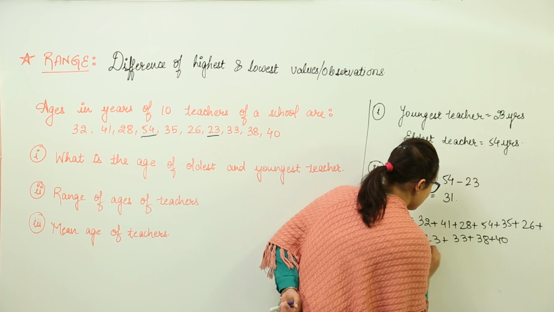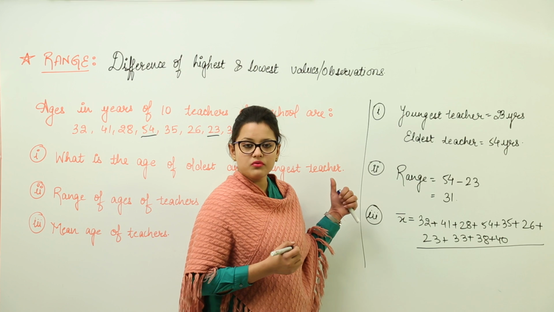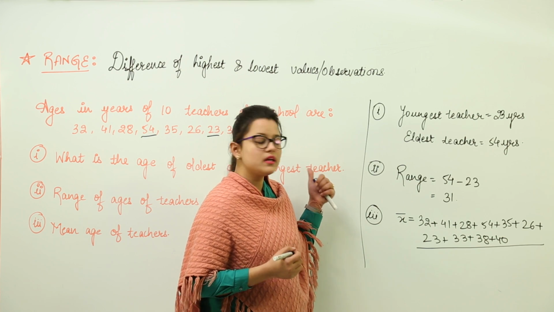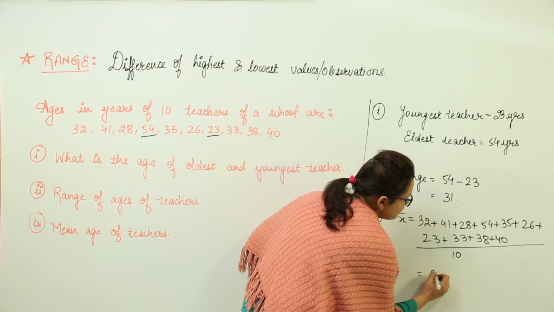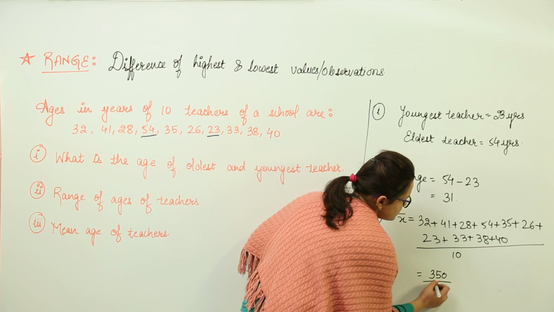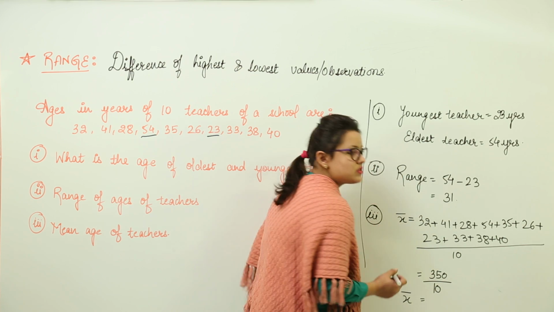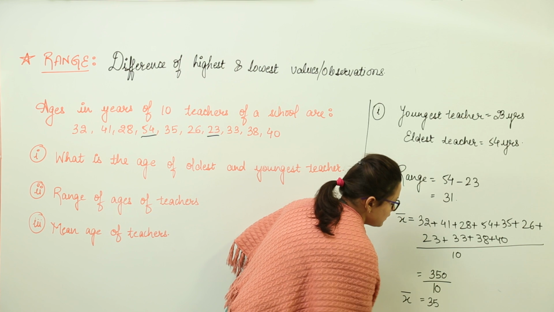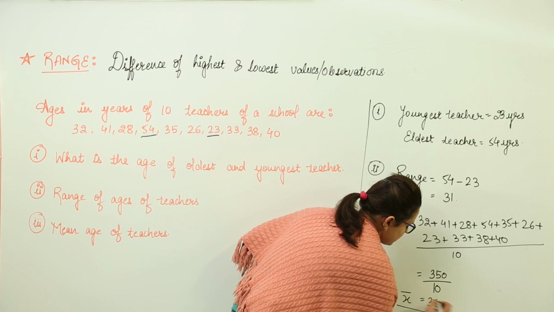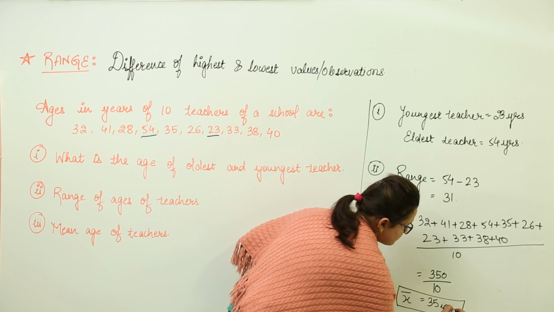I have added all the observations and divided by the number of observations. How many observations are there? There are 10. So we get 350 on adding up all the observations, divided by 10. So the mean of the ages of the teachers comes out to be 35. That is, the mean age is 35 years.